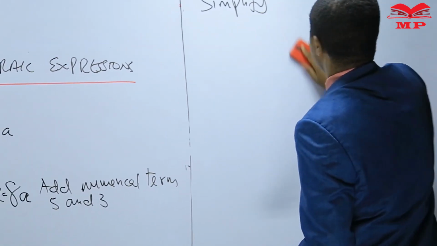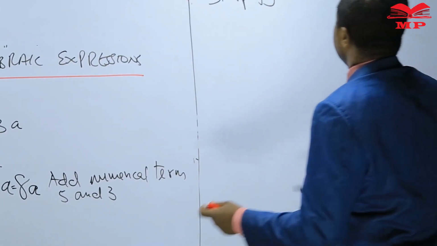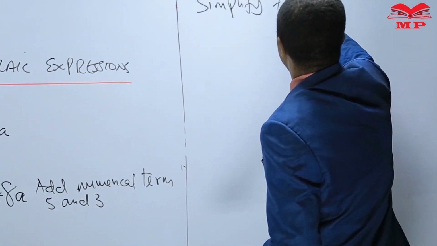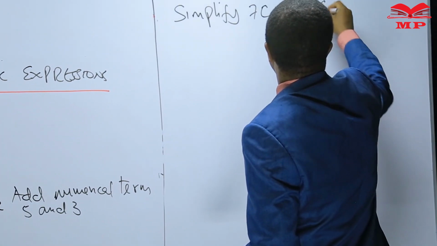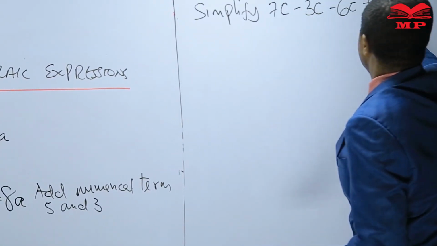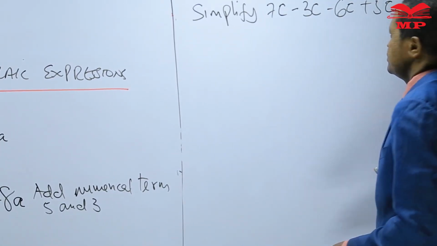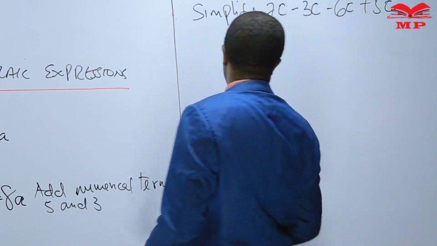Example 3. Simplify 7c minus 3c minus 6c plus 5c plus 5c.